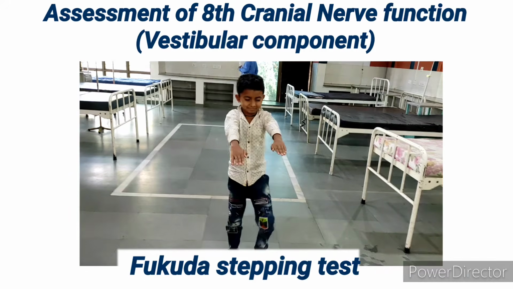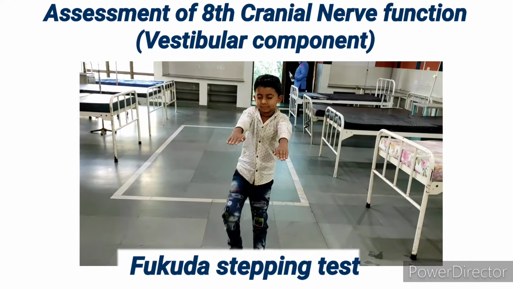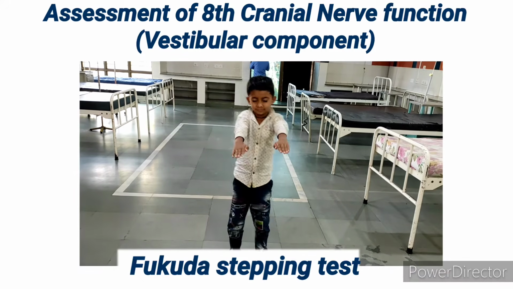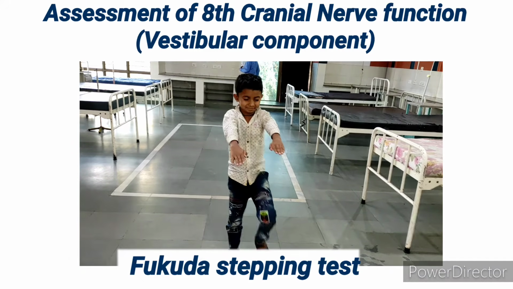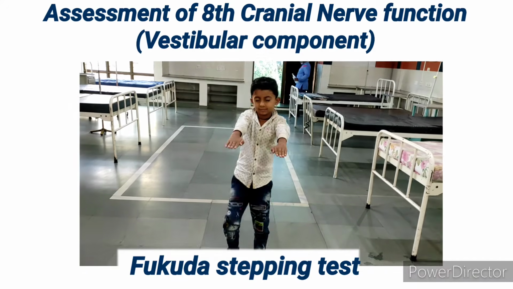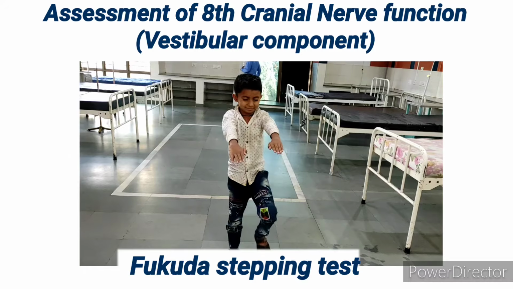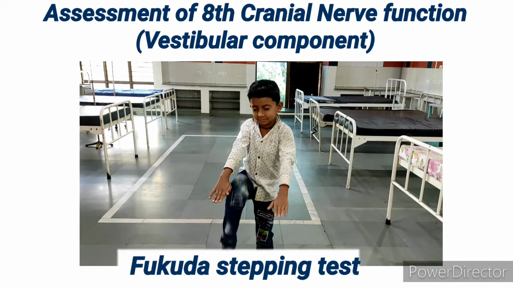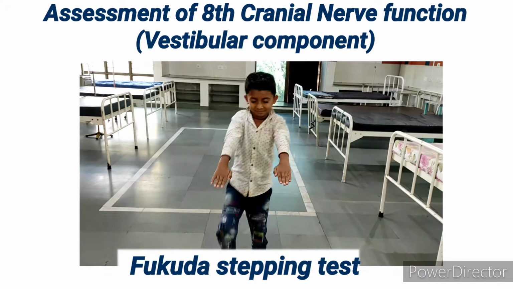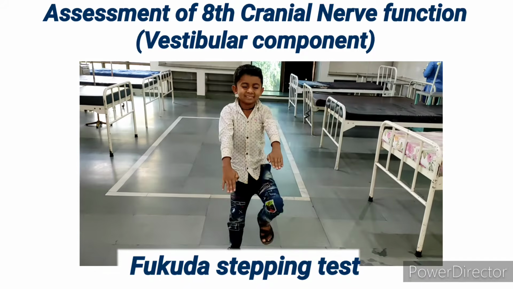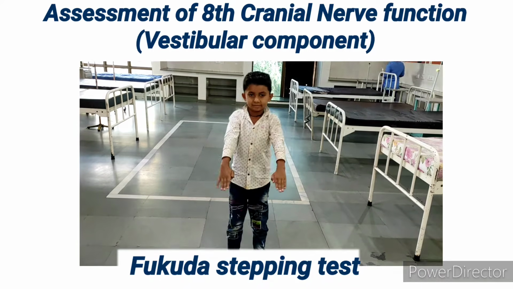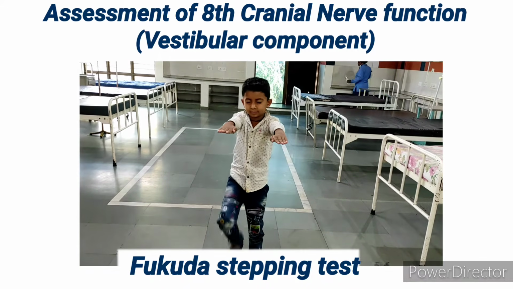Then we will tell the child to walk in place for 50 steps. In this video you can see, if the child has a normal vestibular system, then the child will walk with no rotation on either side. If the child has vestibular nerve dysfunction, then the child will walk with more than 45-degree rotation to the affected side.